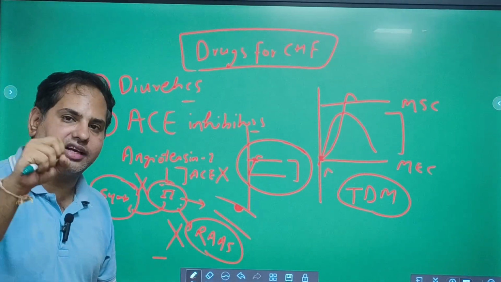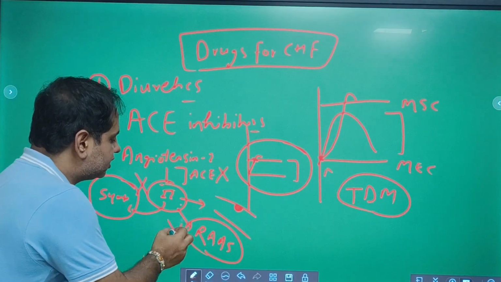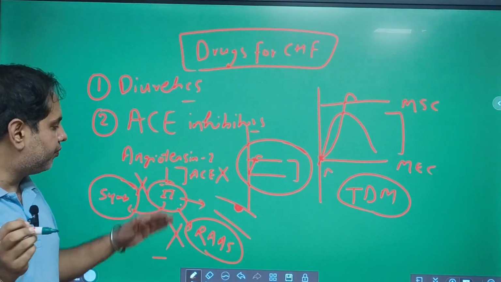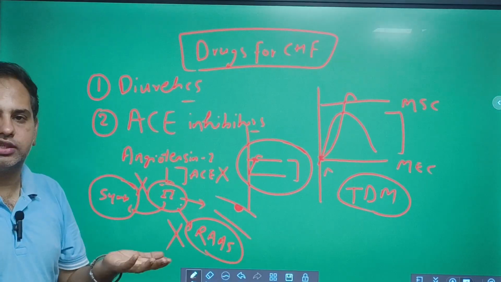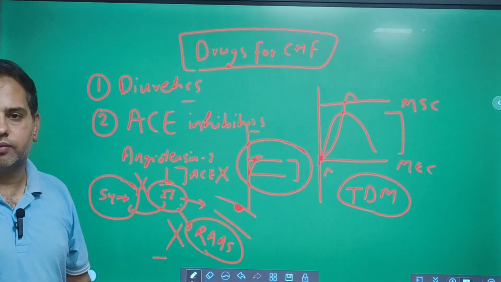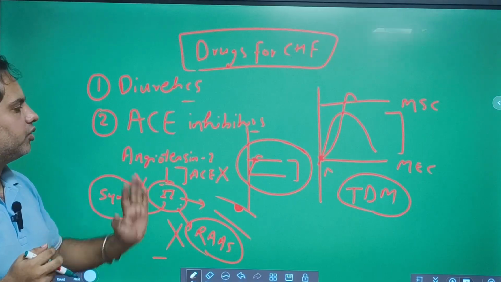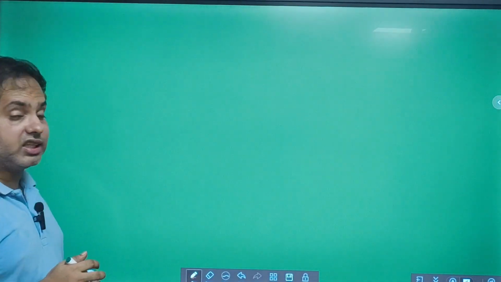If your arteries are constricted, it will increase the afterload. Then another mechanism is that it is going to activate your renin angiotensin aldosterone system. If it's not formed, reabsorption of sodium and water will not happen. If reabsorption does not happen, chronic stress on the ventricle will be reduced. So these are the mechanisms by which angiotensin converting enzyme inhibitors are helpful to the CHF patients.